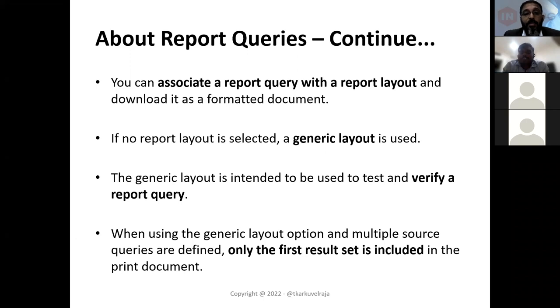When using the generic layout option and multiple source queries are defined, only the first result set is included in the print. If you want to print multiple source queries, then you need to go with the customized layout. If you want to use the generic layout option, then you have to use only one SQL query. That is a limitation which we have in report queries and report layouts.